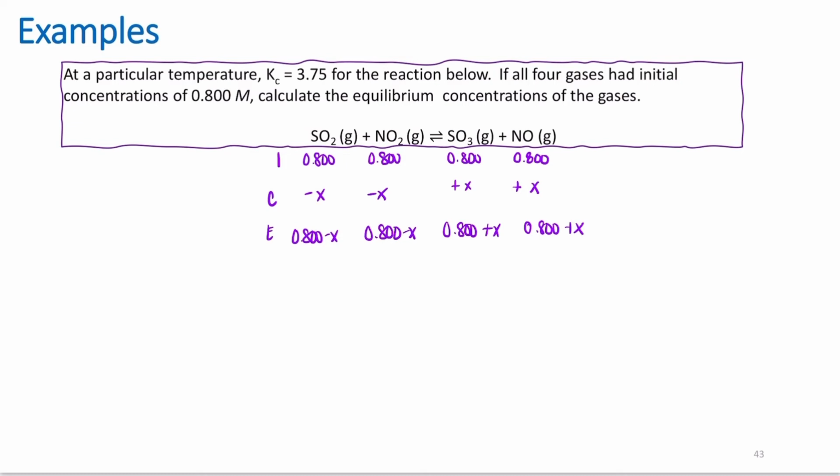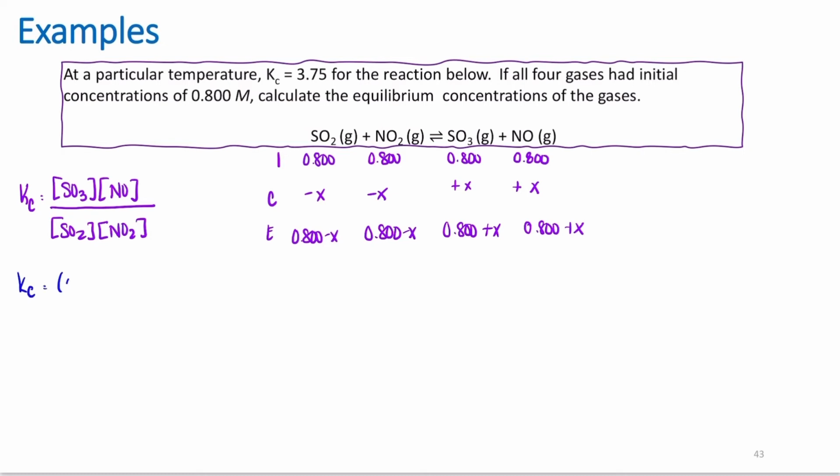Write out your Kc expression. Kc is equal to the concentration of SO3 times the concentration of NO, divided by the concentration of SO2 times the concentration of NO2. Substitute in the values we know from our ICE table.